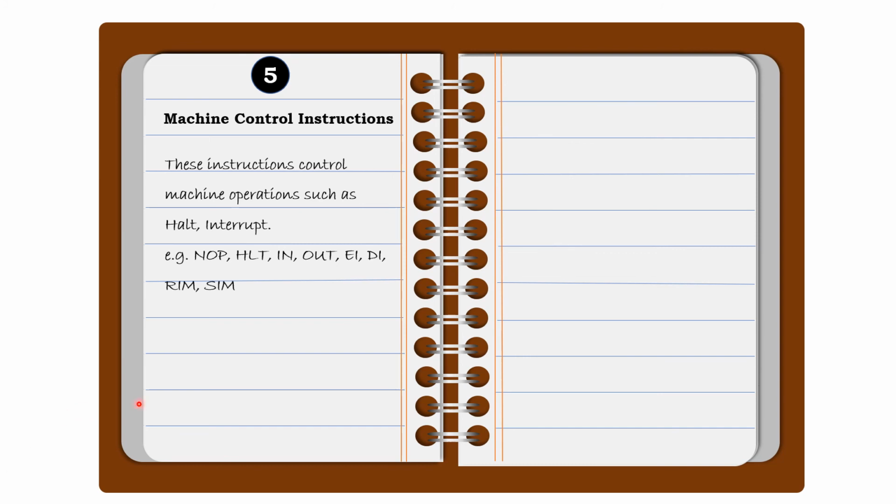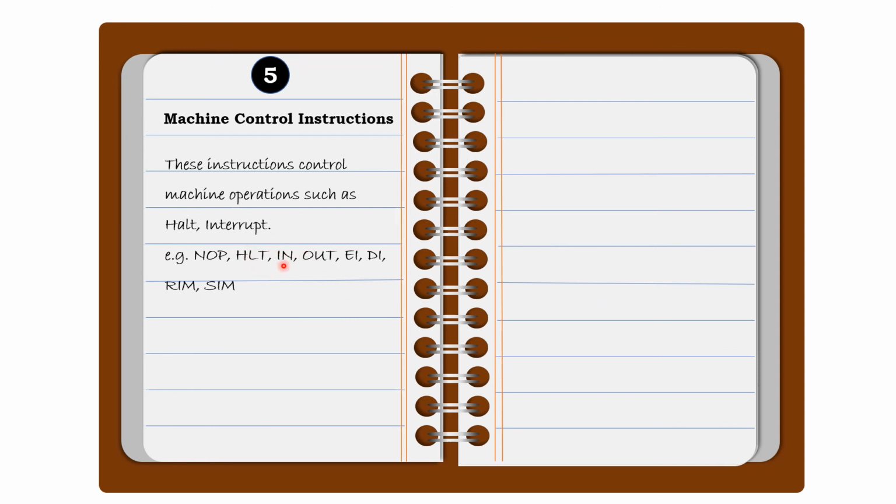So specifically, NOP is used to make a time delay. Then HLT is given. HLT is halt. If I want to halt a program, then I can use HLT. Basically, this instruction is used at the end of the program.